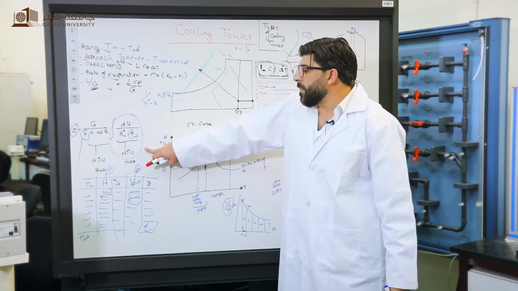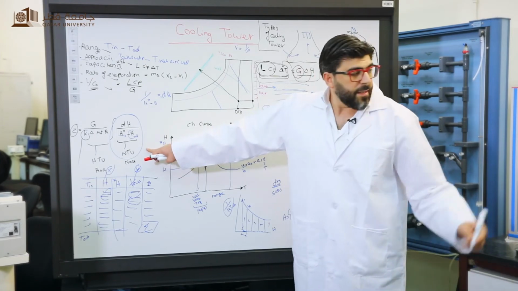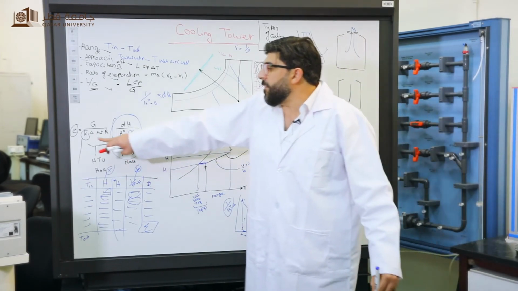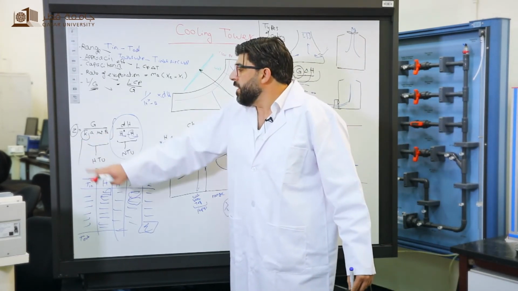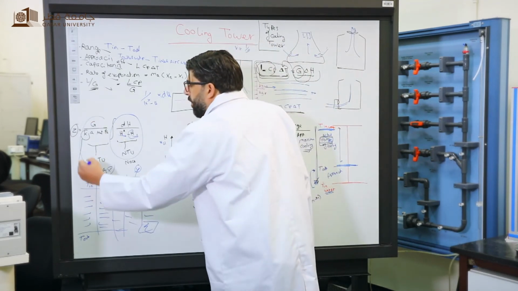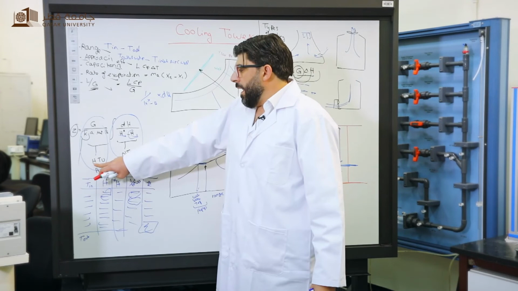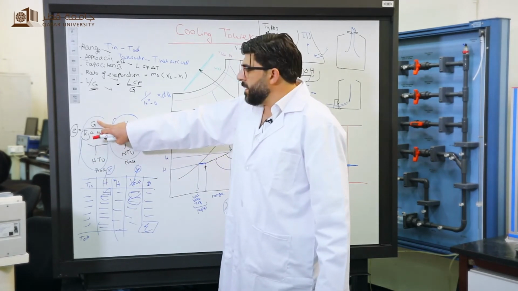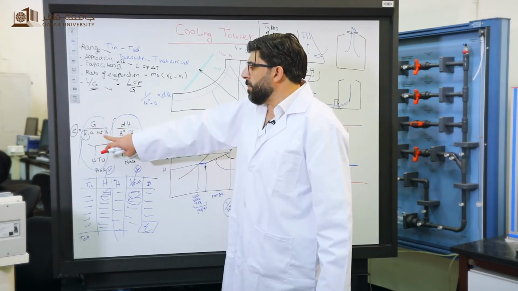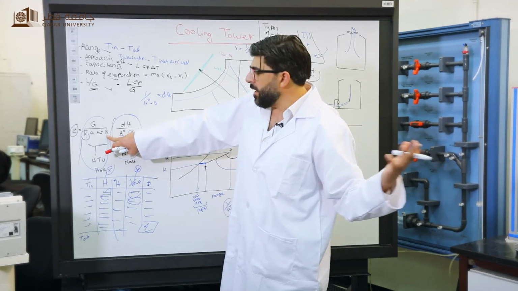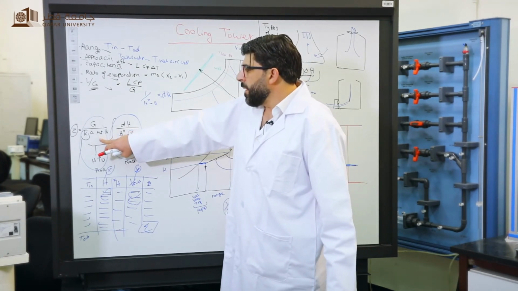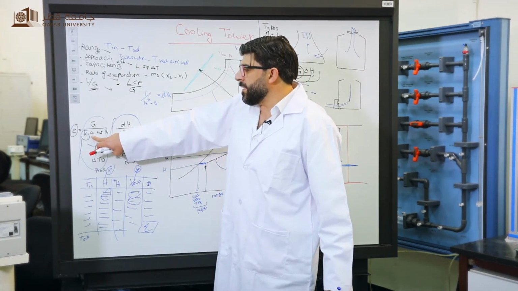Once you find the number of transfer units, and Z, the height, is already given from the lab manual, then you can find the height of the transfer unit. Since you already know the flux of the gas, and the pressure of the gas, this is air, and the molecular weight, and a is the density of the packing.